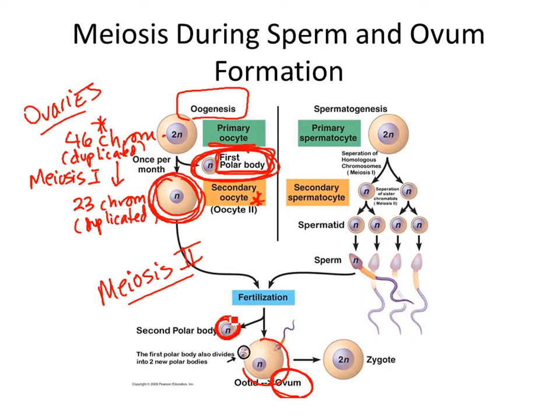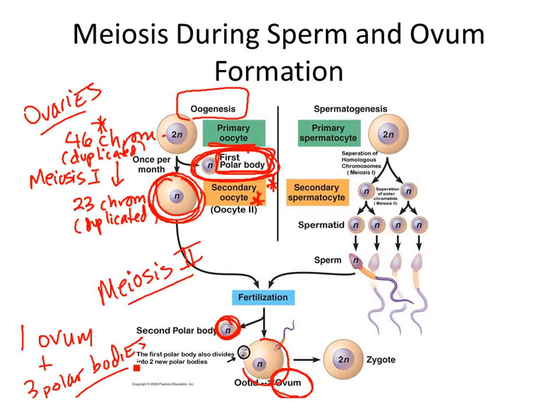So that's going to be non-functional. It has the chromosomes in it, but it's not going to do anything. And then your original polar body up here is going to undergo meiosis II and generate two more polar bodies. So at the end of oogenesis, you have one ovum plus 3 polar bodies.